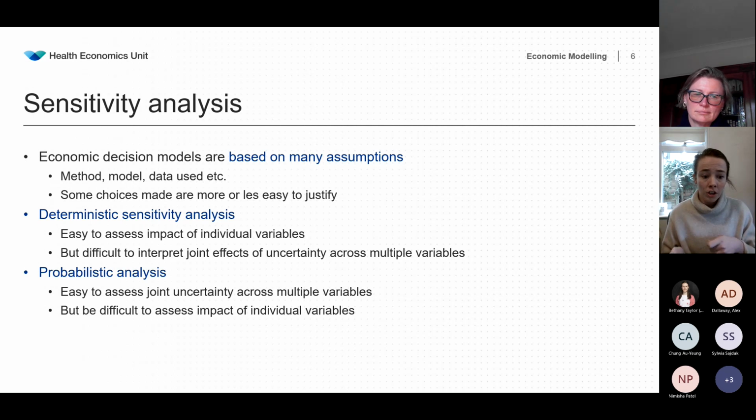In probabilistic, you're going to be looking at joint uncertainties across multiple variables. That's the big difference between the two. And it's difficult to interpret the opposite within each. So if you're using a deterministic sensitivity analysis, it's difficult to interpret joint effects. If you're using probabilistic, then it's difficult to interpret the impact of individual variables.